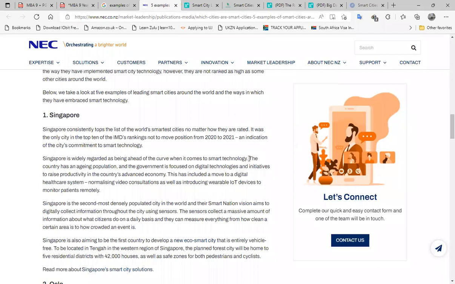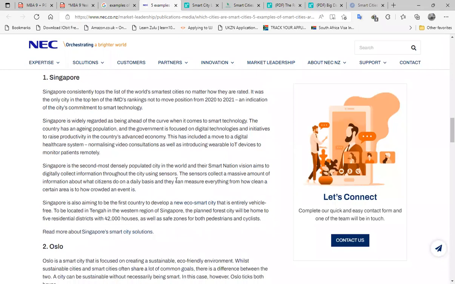So what they do, the government is focused on digital technologies, right? Let's see how they use. So this has included the move to digital healthcare system. So it means they digitalize the healthcare system, normalizing video consultations as well as IoT devices to monitor patients remotely.